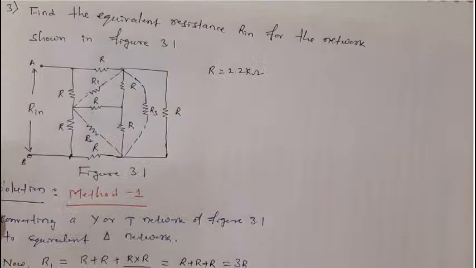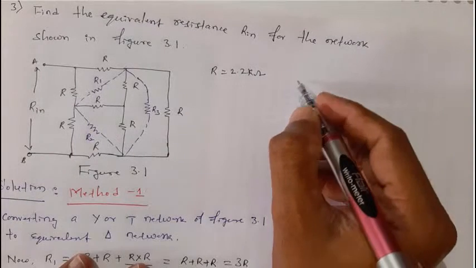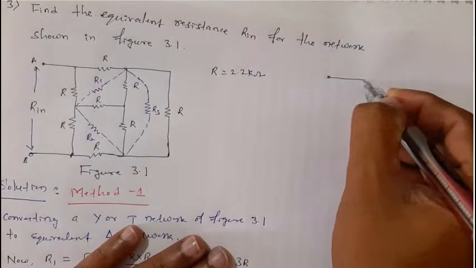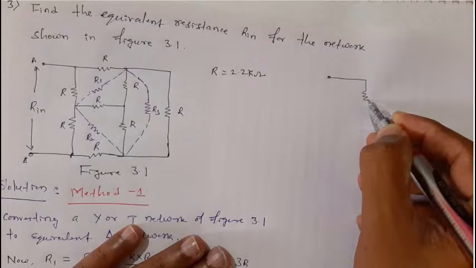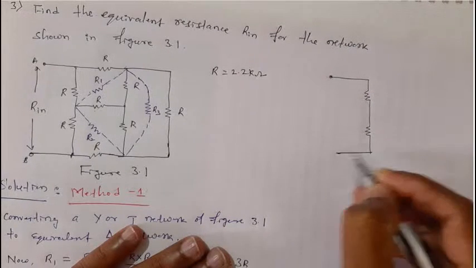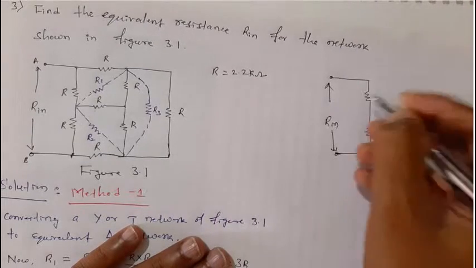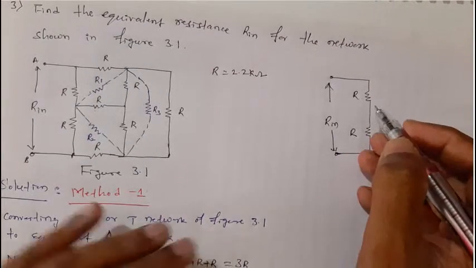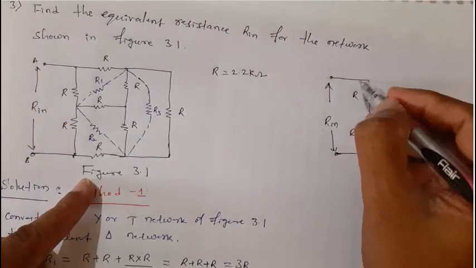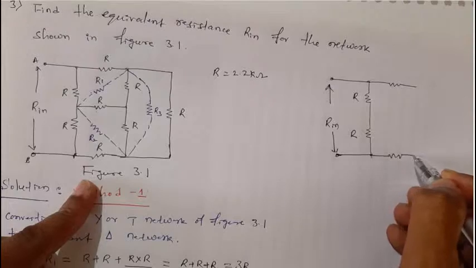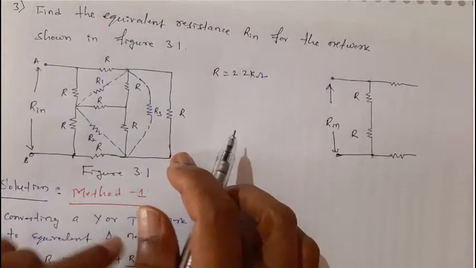So let me redraw it here itself. If you see, there is an R resistor here, there is an R resistor here, I don't touch them. Here we are supposed to find R in, and above there is one R resistor, even below also there is an R resistor, and this also I have not touched.